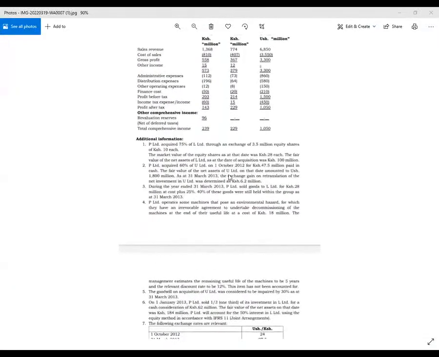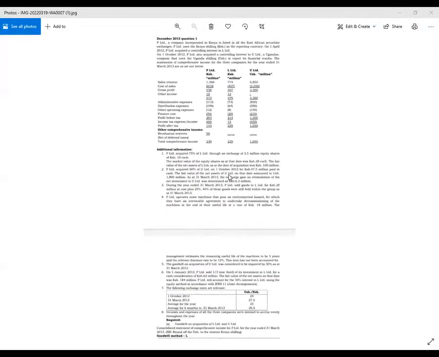So we are told, ladies and gentlemen, here that P Limited, a company incorporated in Kenya, is listed in all the East African Securities Exchange. P Limited uses Kenya shillings as a reporting currency. On 1st April 2012, P Limited acquired a controlling interest in L Limited.